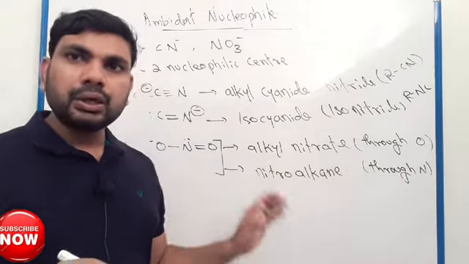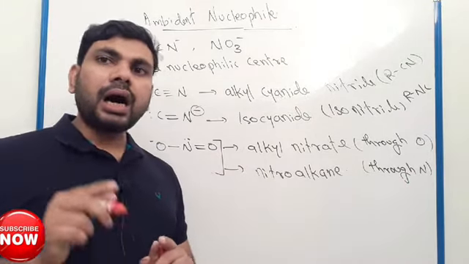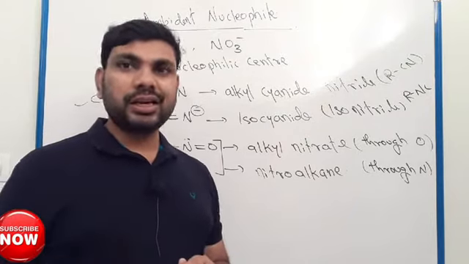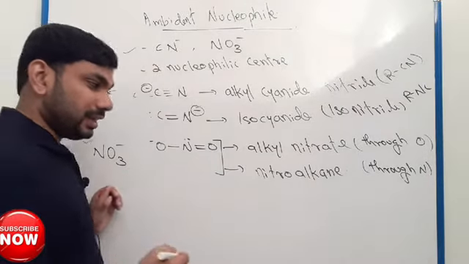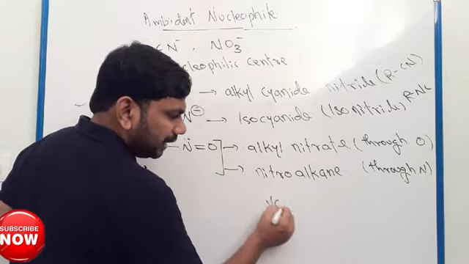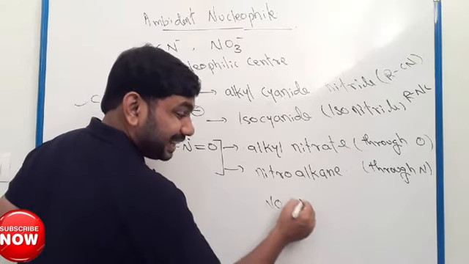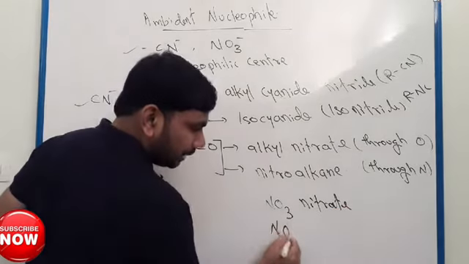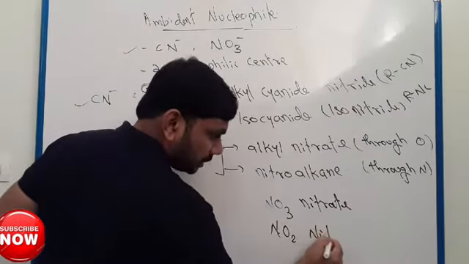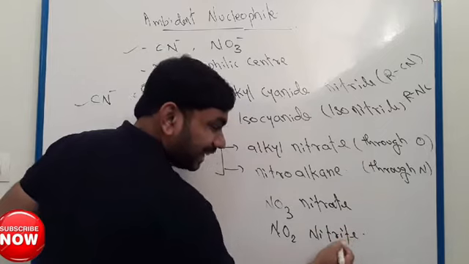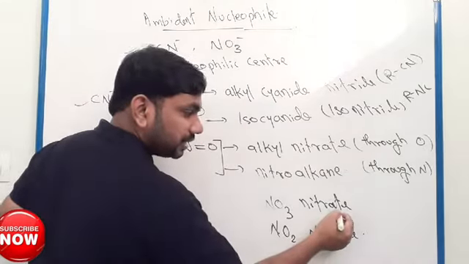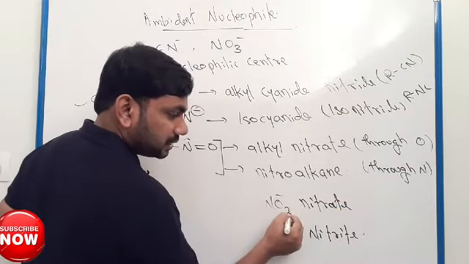NO2 through oxygen gives alkyl nitrite. NO3 is nitrate, and NO2 minus is nitrite. This is the difference: nitrite, ITE, has two oxygens, and nitrate, ATE, has three oxygens.